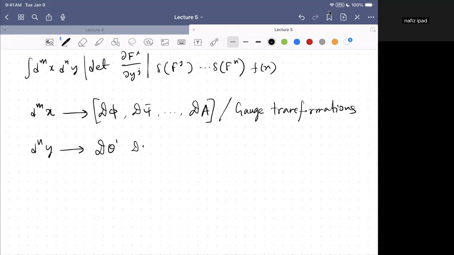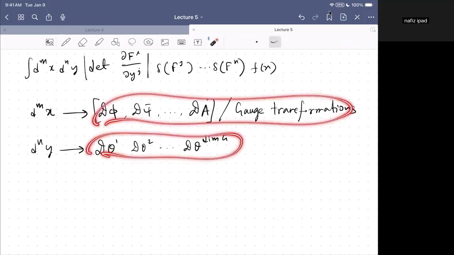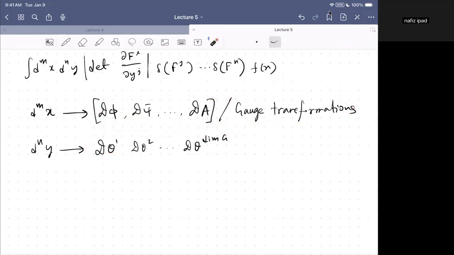When I say theta, I mean all of the thetas, theta 1, theta 2, up to the dimension of G. Okay, so combining this and this, we get just the integration over this field space.